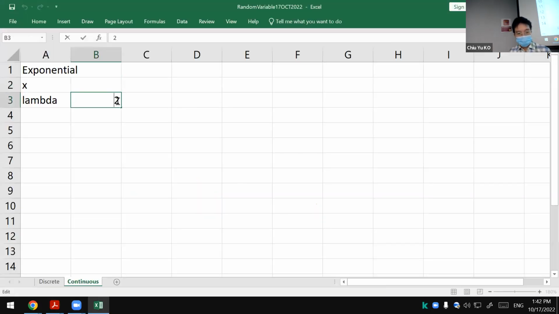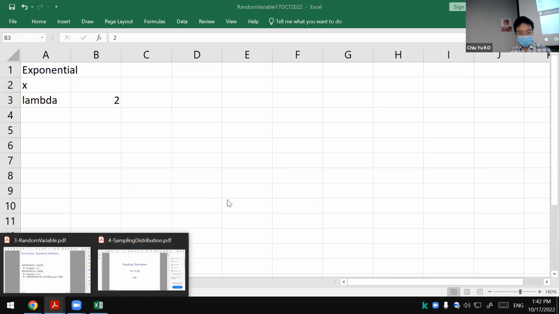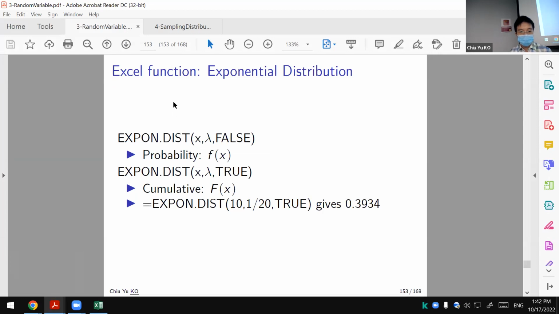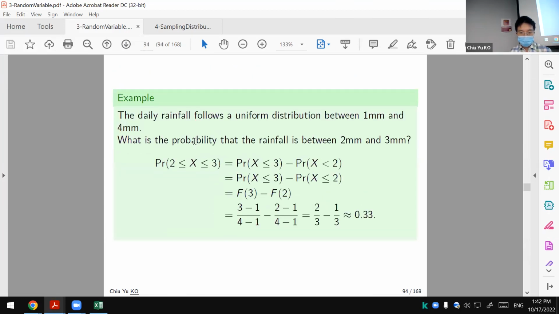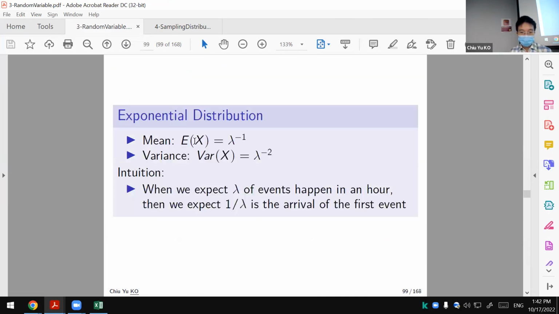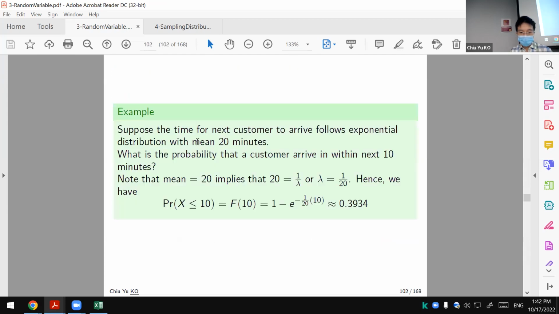Oh, I see. Let's go to the question. The customers arrive following an exponential distribution with mean 20 minutes, so lambda is 1 over 20, which is 0.05. What is the probability that the next customer arrives within the next 10 minutes?